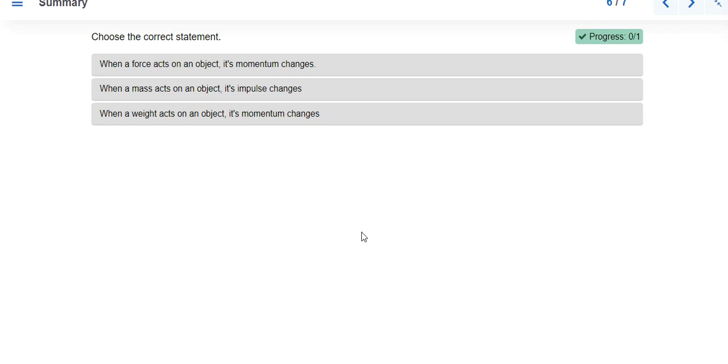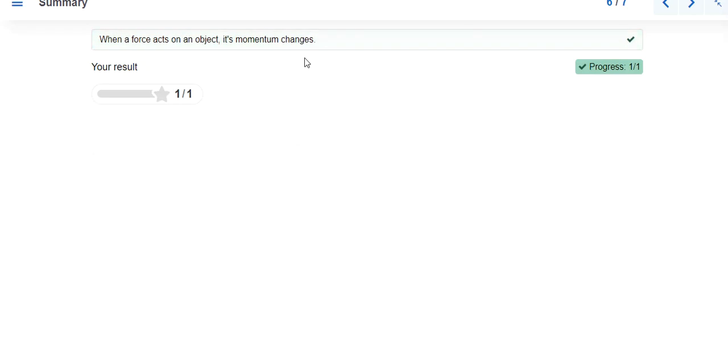When a mass acts on an object, its impulse changes. That statement is false. Mass does not have any relationship with impulse. When a weight acts on an object, its momentum changes. No, the statement is false. So when a force acts on an object, its momentum changes. Let's see. That's correct.